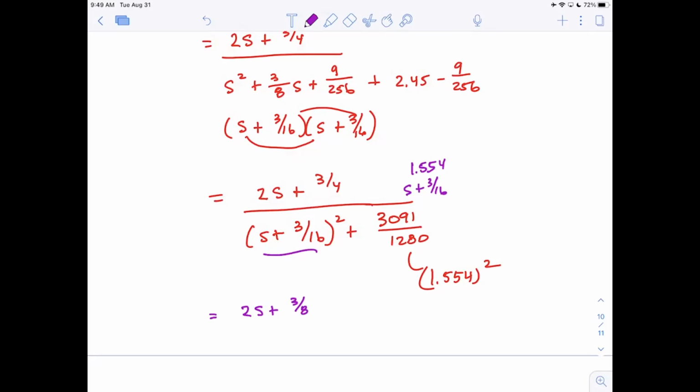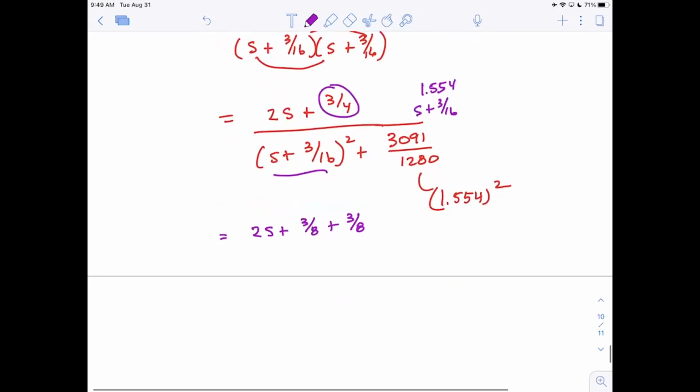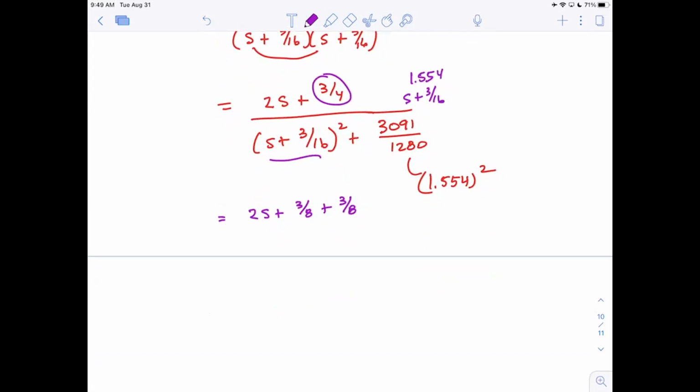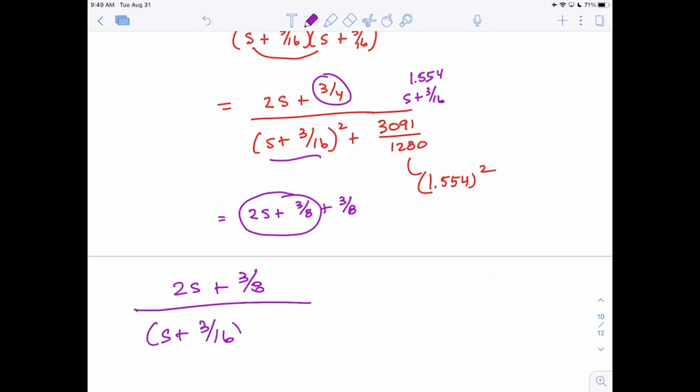So again, is that up there? No, there's a 3/4. But couldn't I steal a 3/8 from it? So there's supposed to be a 3/4 up there. Well, is there still one up there? Yeah, as long as I add another 3/8, because isn't 3/8 plus 3/8 6/8 or 3/4? Okay, so now what do we have? I have this: 2s plus 3/8 over s plus 3/16 squared plus 1.554 squared.